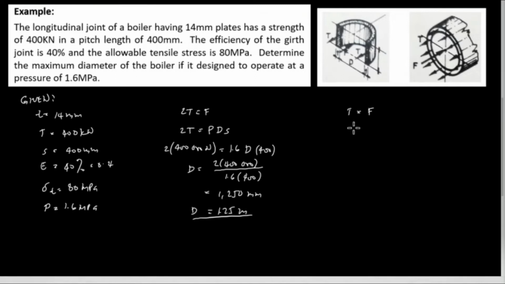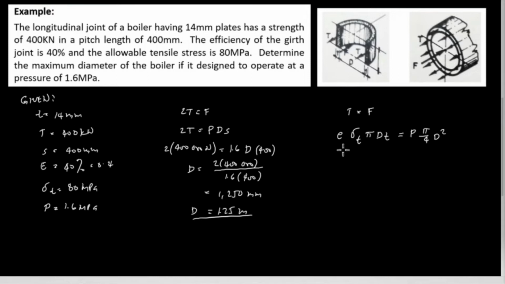And based on the efficiency, E multiplied by the tensile stress, and based on the area, the cross-sectional area is the circumference of the circle multiplied by the thickness of the plate, and it is equal to the force P, or the pressure, multiplied by the area of the shear, which is pi over 4 d squared.